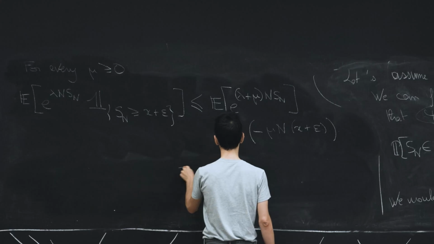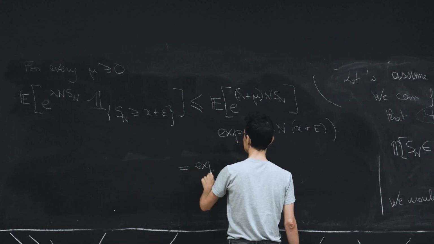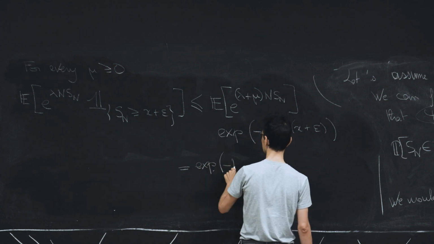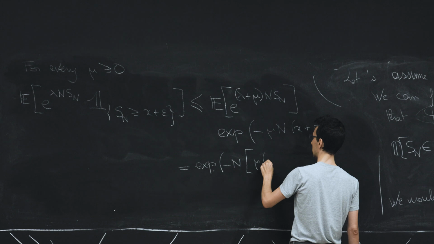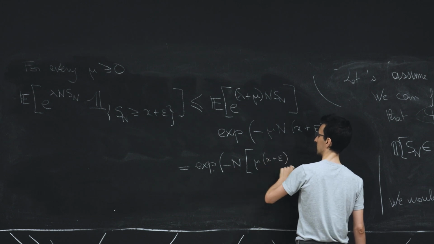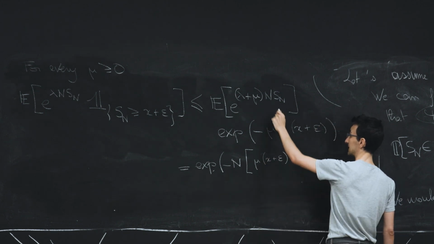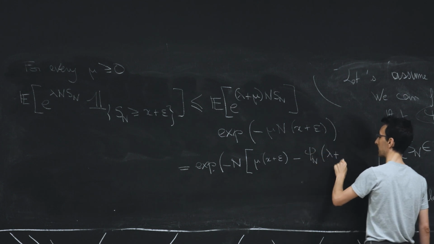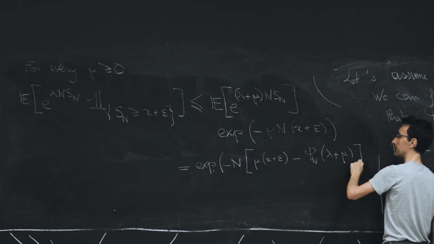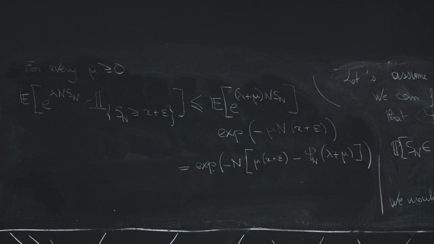So maybe I can rewrite this as exponential of minus n times mu x plus epsilon minus psi n of lambda plus mu. So far, so good.